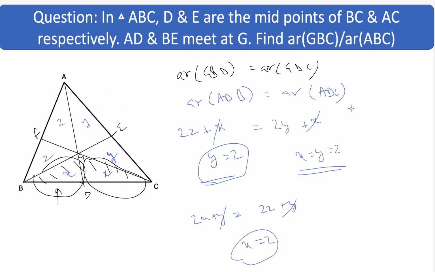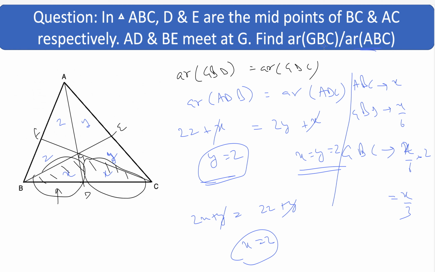So if area of triangle ABC is x, then what will be the area of triangle GBD? It will be x by 6. GBD is x by 6, and so is GCD. So what is the area of triangle GBC? It will be x by 6 multiplied by 2, which becomes x by 3.